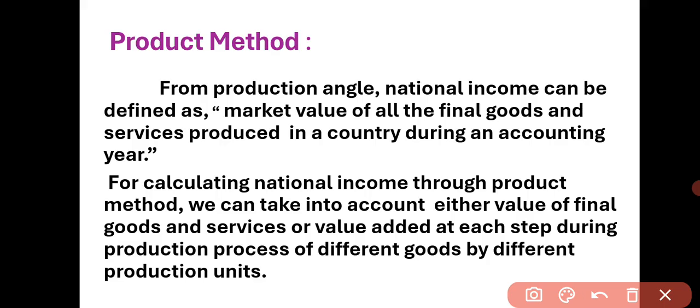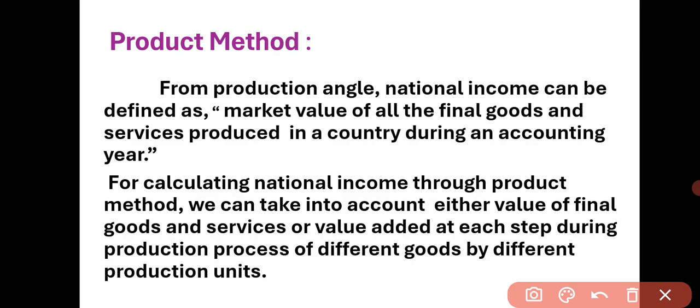When we add them up, it will give rise to GDPMP, gross domestic product at market price.